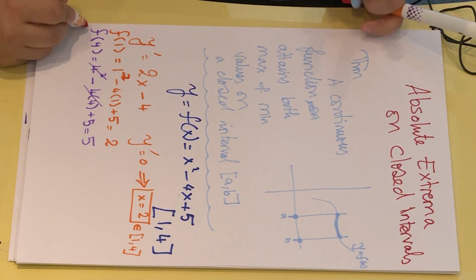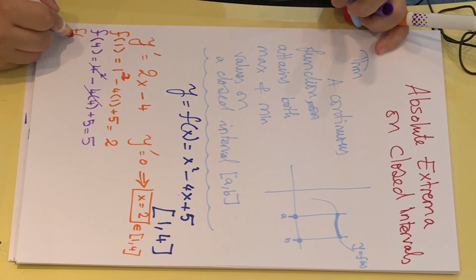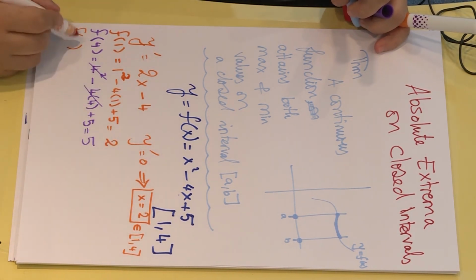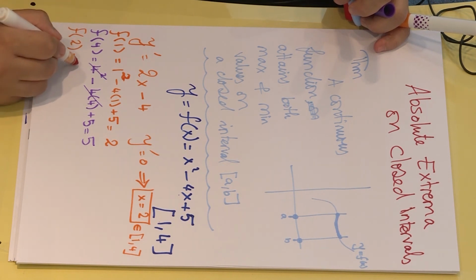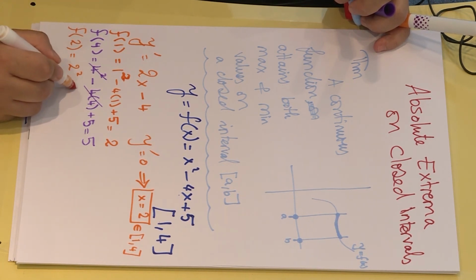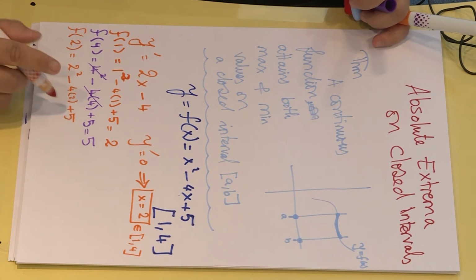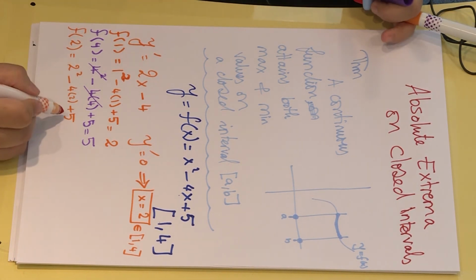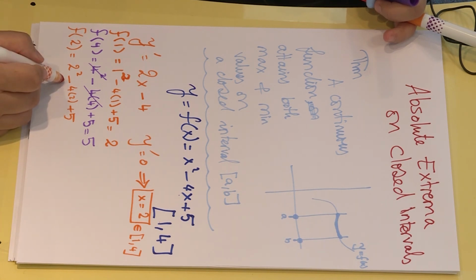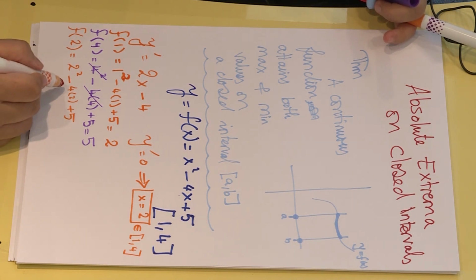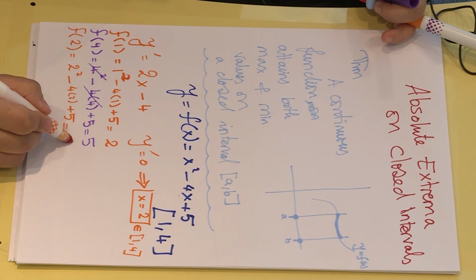Now we will find the value of the function at 2. What is f of 2? It is 2 squared minus 4 times 2 plus 5. 2 squared is 4 plus 5 is 9. 9 take away 4 times 2 is 9 take away 8, so the answer is 1.